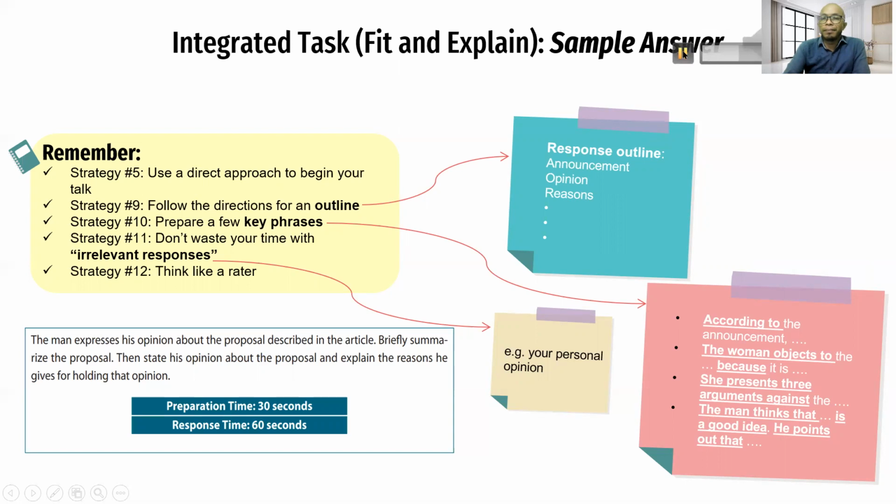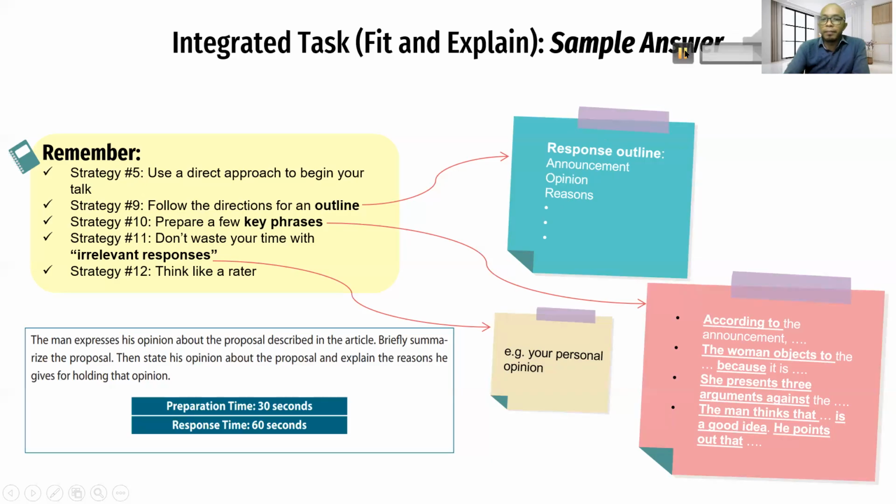The male student disagrees with the idea, thinking that it won't solve the problem. And then give a short introduction of the man's opinion. In this case, the student introduces the man's opinion with the reason why he agrees or disagrees with the announcement.